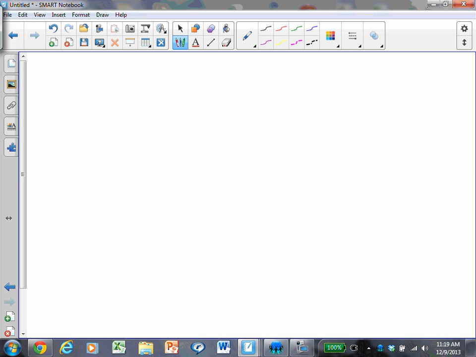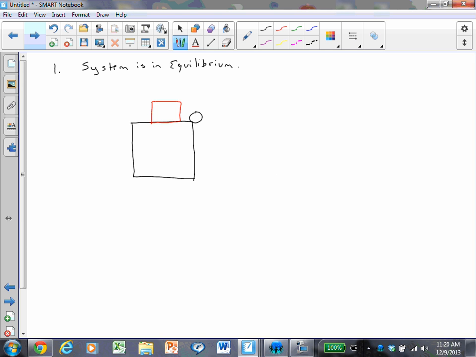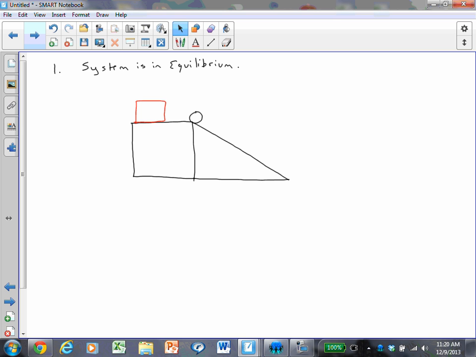Okay, so here's a problem for you. There's a system in equilibrium, okay? And it looks like this. And that's in equilibrium.